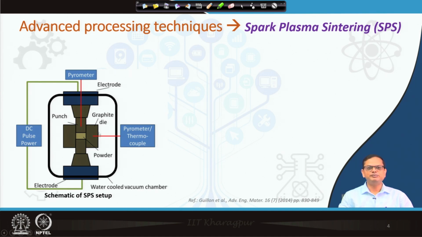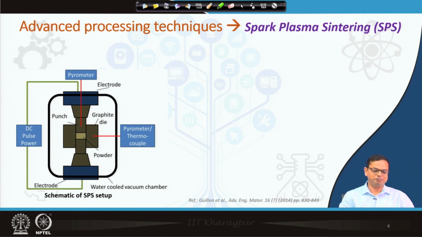Obviously, you need different kinds of temperature and pressure measurement, but in a nutshell, the powder is loaded in a die and then there is simultaneous application of pressure and DC pulse power, and that leads to very good densification.